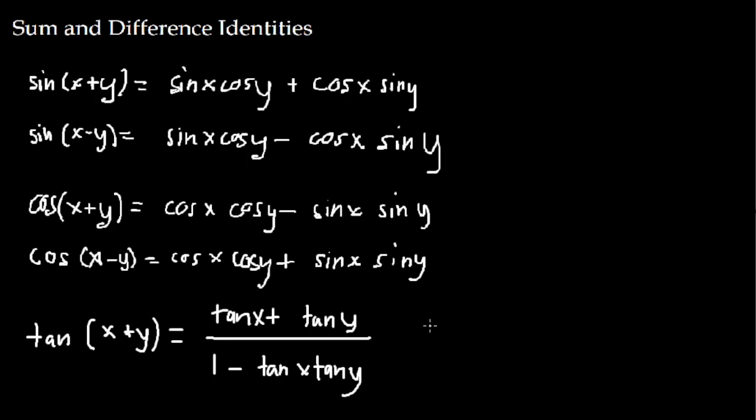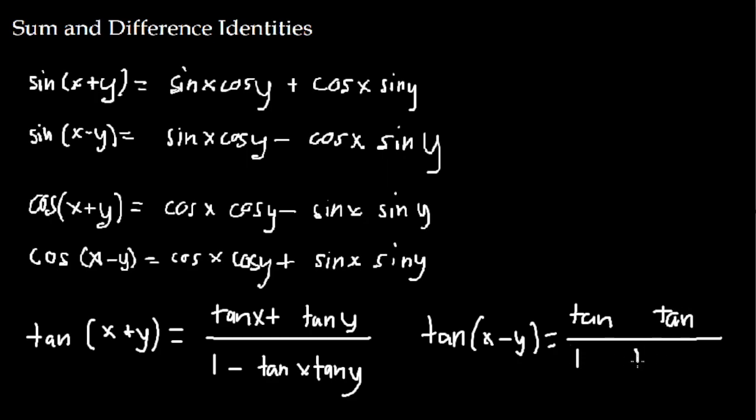Then, using that knowledge, we can now write the difference identity for tangent. Ang pattern natin, tan, 1, tan tan. Now, tignan natin yung operation na nasa loob ng parenthesis. It's negative.